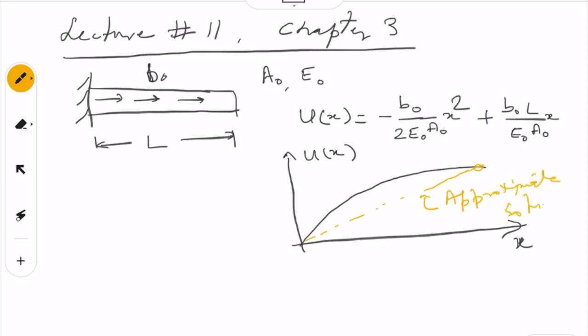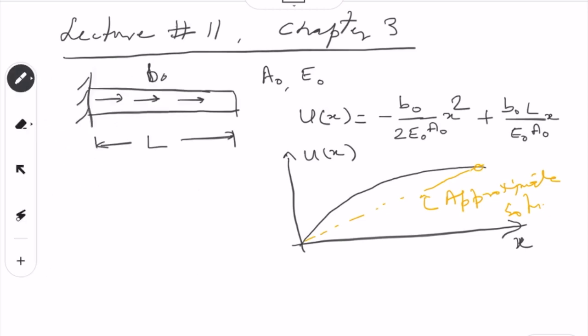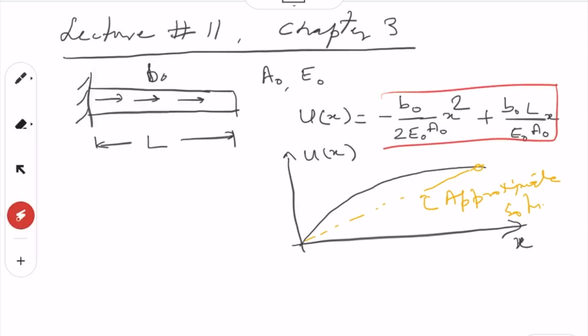So the question is, can we find a best linear fit for the solution? In this case it was easy, easy meaning that we have an exact solution like this one.